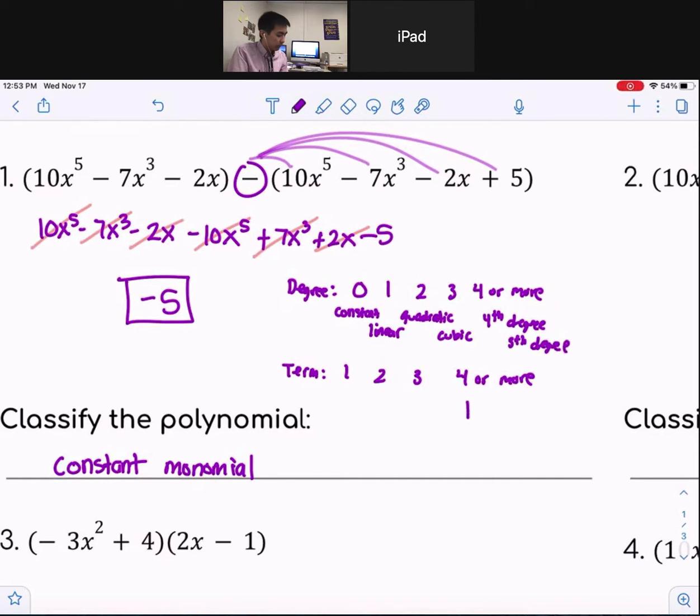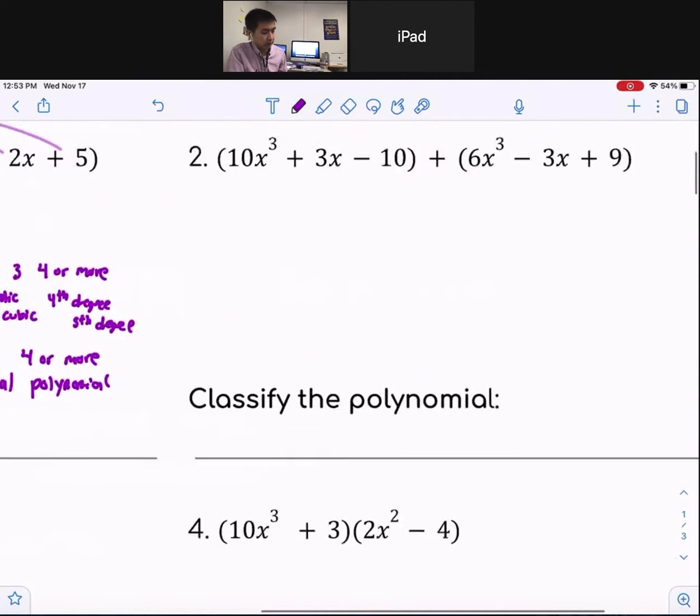In terms of 4 or more terms, that's what we call a polynomial. If there's one term, you call that a monomial. If there are 2 terms, a binomial. And if you have 3 terms, that's a trinomial. Okay, so there's all that information. Now let's move forward.